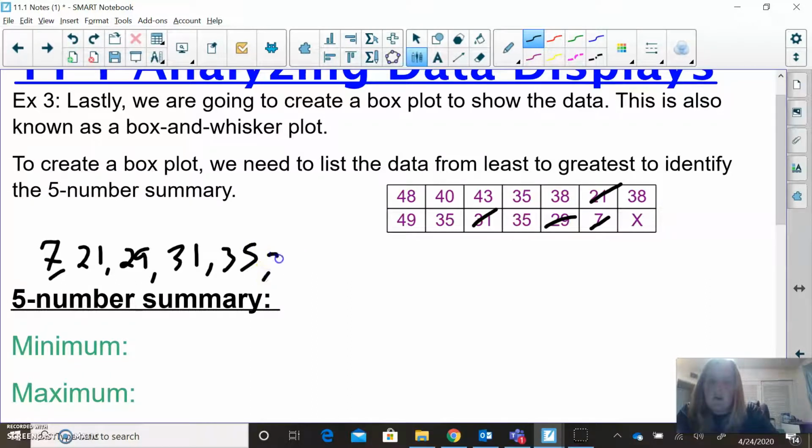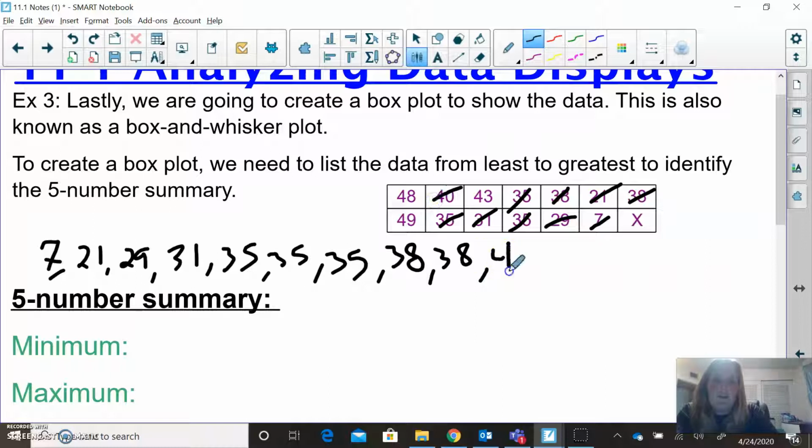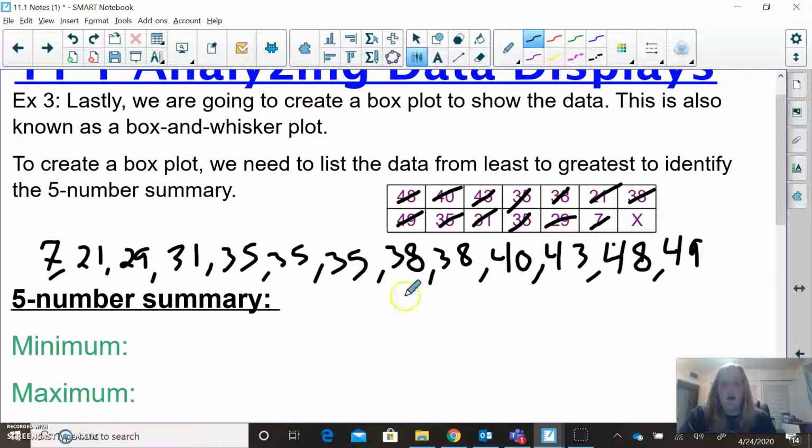So 35, 35, 35. Now our next number is 38, and that happens twice, so yes, you are going to have to write it twice. The next number after that is 40. Then 43, 48, and 49. So now all our data is ordered from least to greatest.